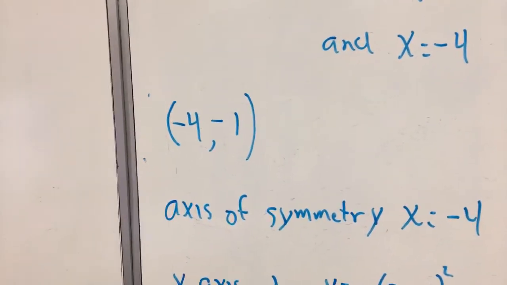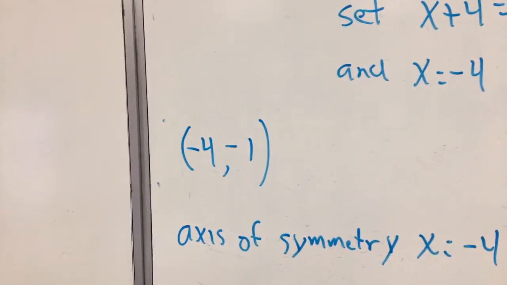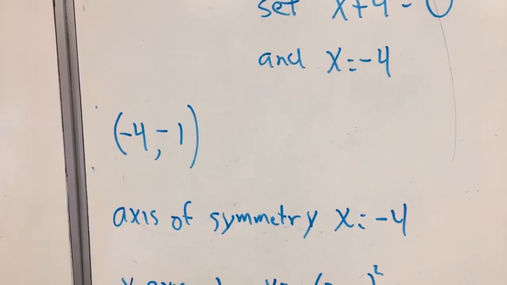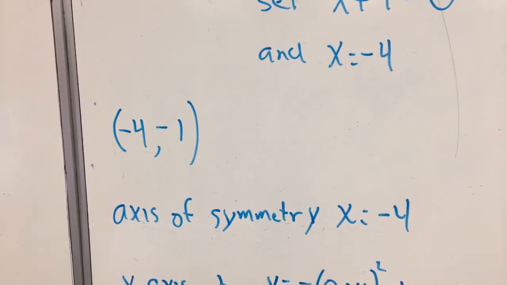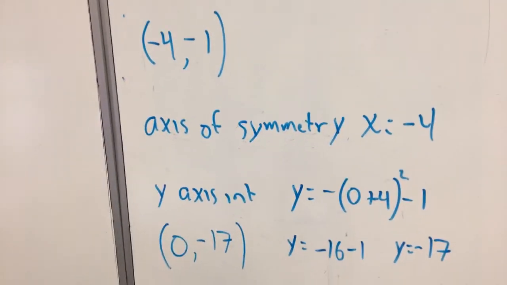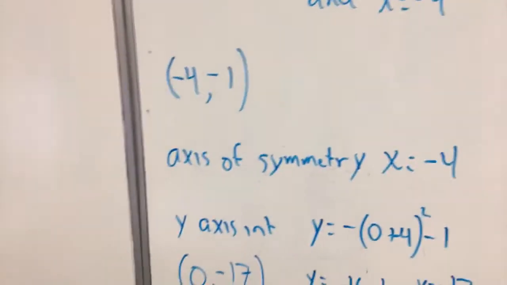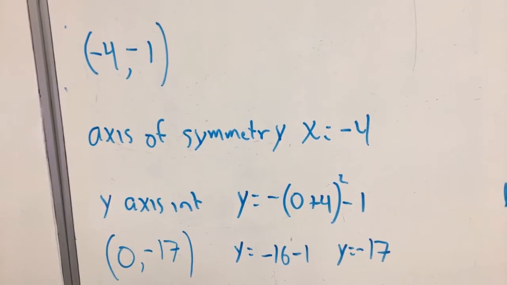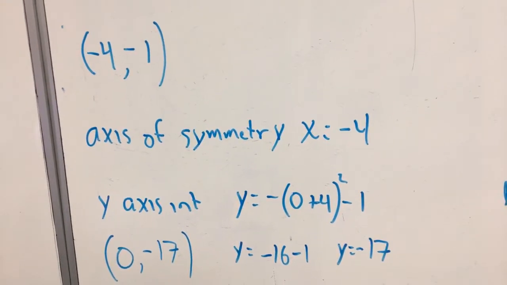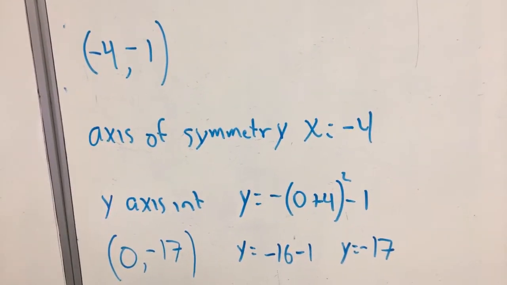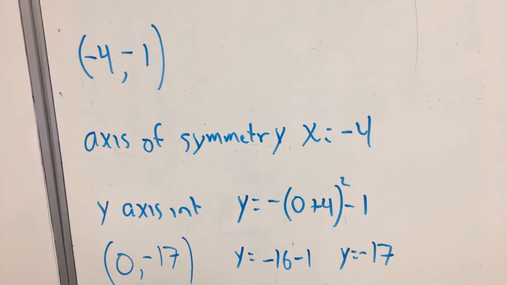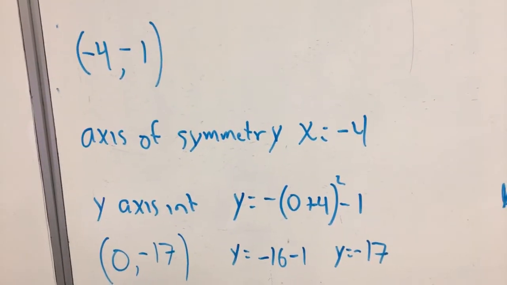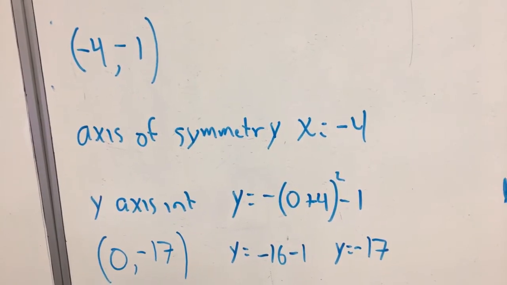Well, that's done for you because you know that the vertex is on the axis of symmetry, so therefore the axis of symmetry is x is equal to negative 4. And now I need a y-intercept. If I put a 0 in for x, then y is equal to negative quantity 0 plus 4 squared minus 1. Well, 0 plus 4 is 4, and then 4 squared is 16. But now it's a negative 16, and negative 16 minus 1 is negative 17.